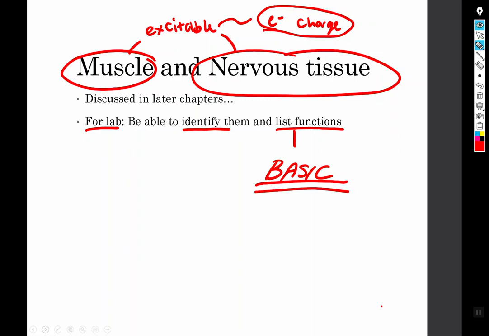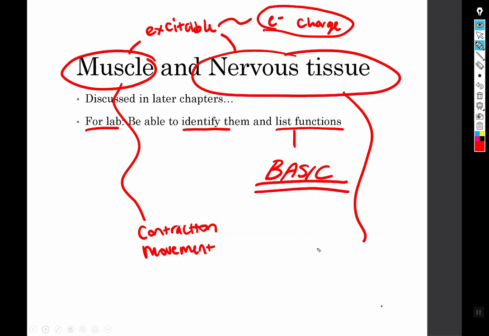So for muscle, you could put contraction or movement, etc. For nervous tissue, you could say send electrical impulses. So you don't need to know detailed functions until we actually get to those chapters. And you'll find that there's a lot of chapters devoted to these because they take a lot of effort in physiology and chemistry to explain. So more on those later.